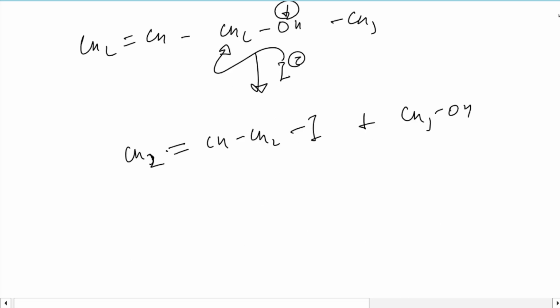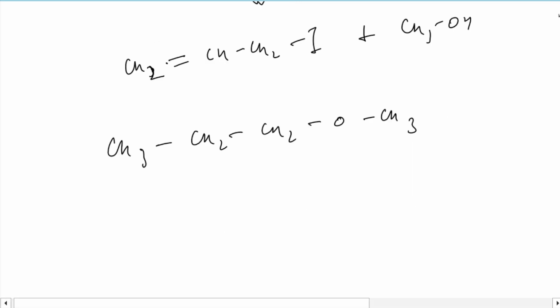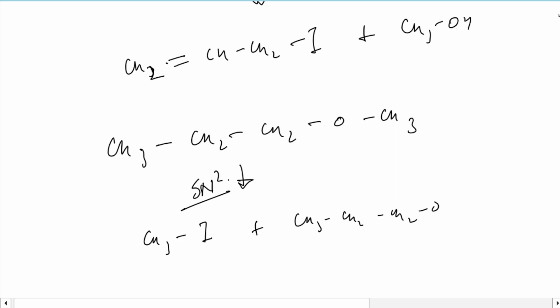Okay, let us take one more example like CH3CH2CH2OCH3. If this is the ether, then what are the products formed and by what mechanism will the reaction proceed? The reaction will proceed definitely by SN2 mechanism, and the products formed will be CH3I plus CH3CH2CH2OH.